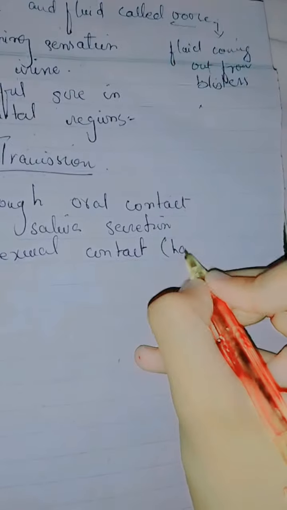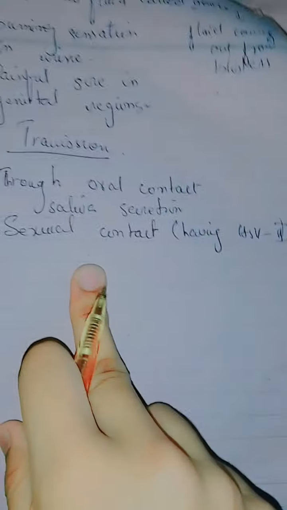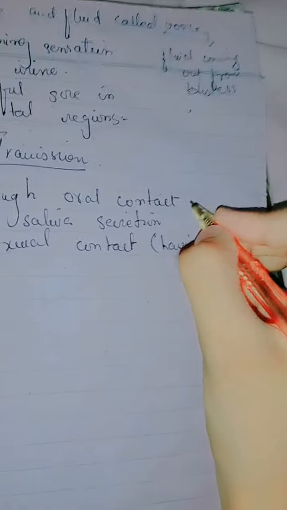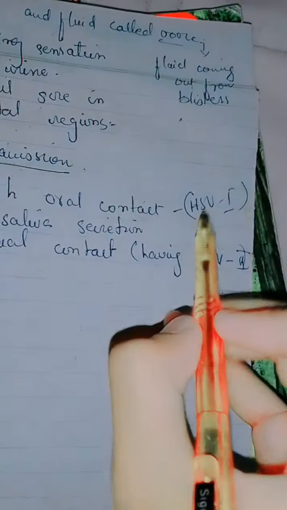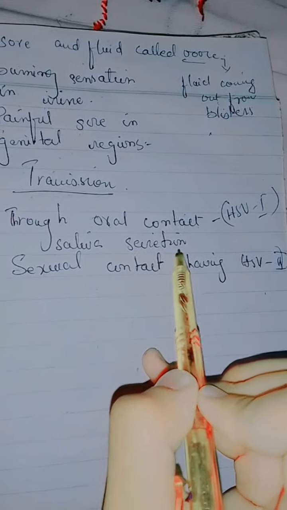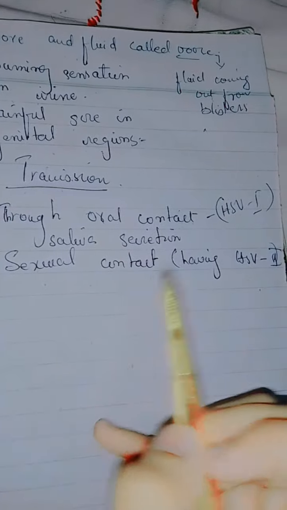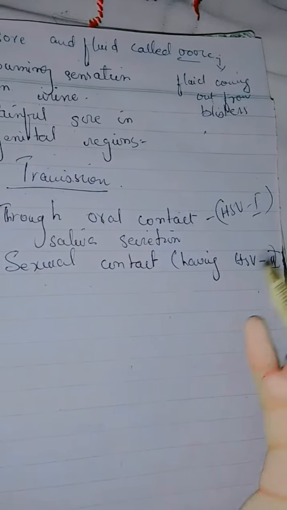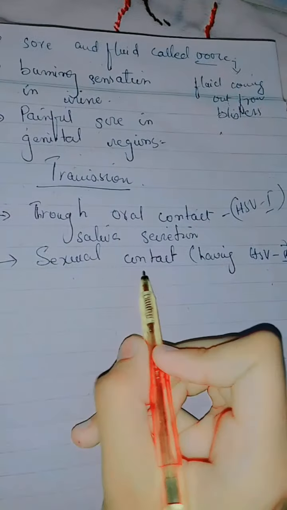Sexual contact is affected by HSV2 and oral contact is affected by HSV1. So it can transmit through oral contact, meaning saliva secretion, and through sexual contact as well. For example, if a person has HSV2, it can transmit from one person to another through sexual contact.